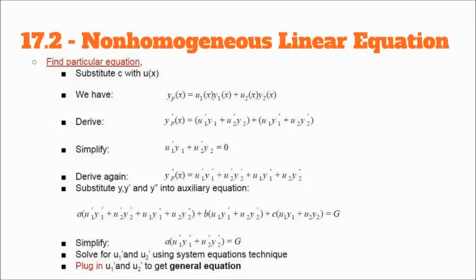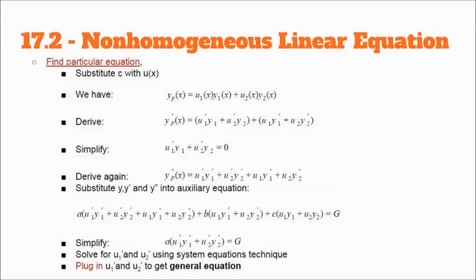We look for a particular solution of the non-homogeneous equation of the form yp of x equals u1 of x y1 plus u2 of x y2. This method is called variation of parameters because we have varied the parameters c1 and c2 to make them functions.